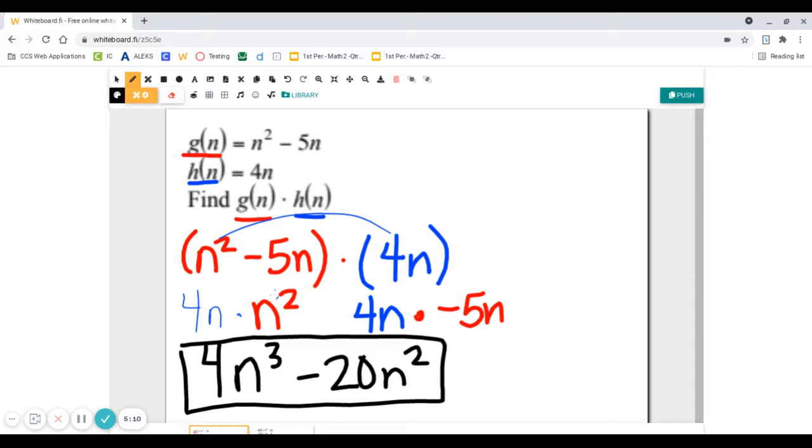Again, for those exponents, n times n squared. Well, n squared means that it's n times n. And you have this n here. So this is where we get n cubed, right? The exponents represent how many times you multiply something. So if I multiply an n by two n's I'm already multiplying, which gives me the n squared, I get the n to the third power.